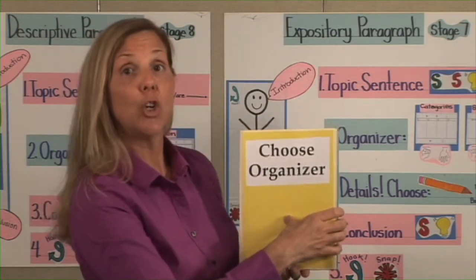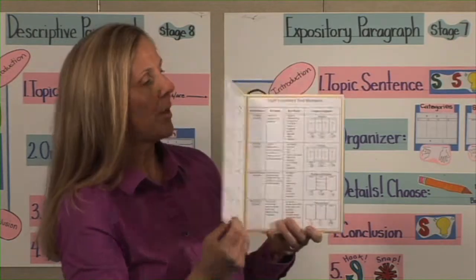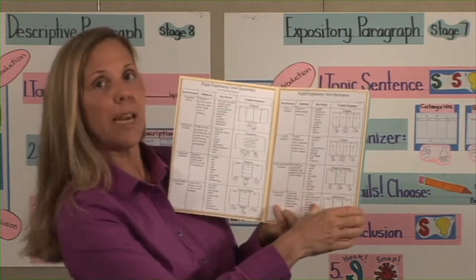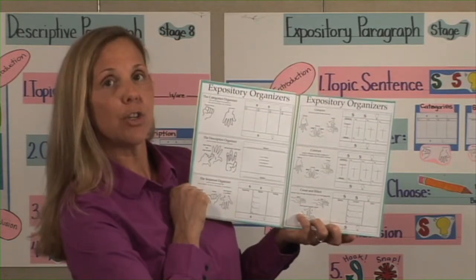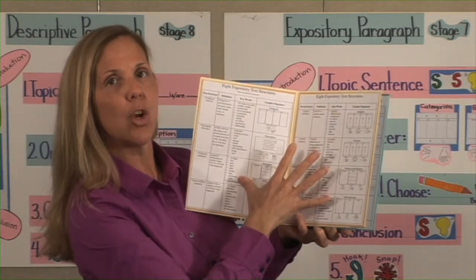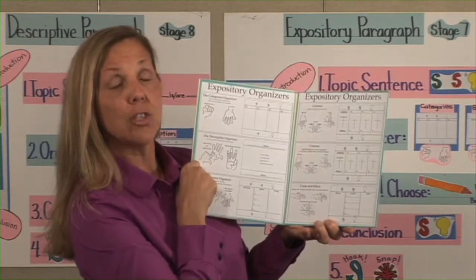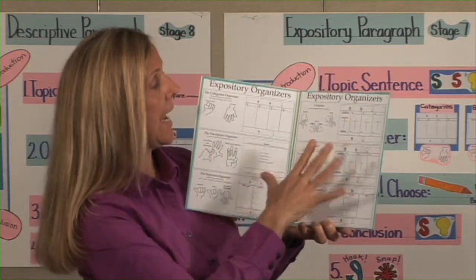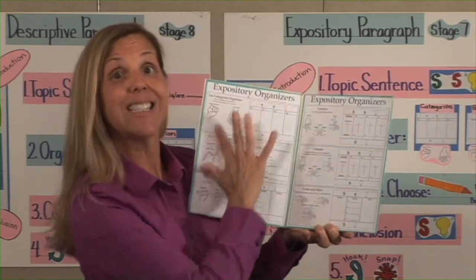This is put together with 2 file folders. I glued them together so that when you open them up, you have facing pages, and then when you open up the next set of file folders, you have 2 facing pages. So the first 2 pages have the organizers on them, and it's small with a lot of information. The second 2 pages have the 6 organizers, but now they're large with the hand signs. The whole idea here is for kids to see them all together.